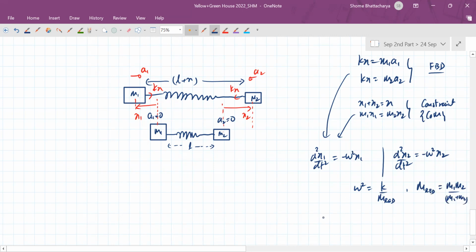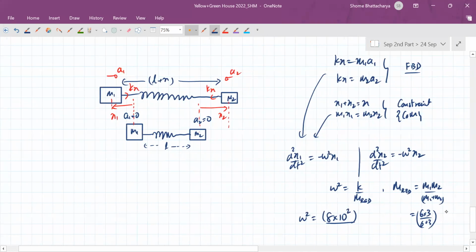So here omega square will become 8 into 10 raised power 2 divided by reduced mass. Now this will become 2 kilograms, as you can see.